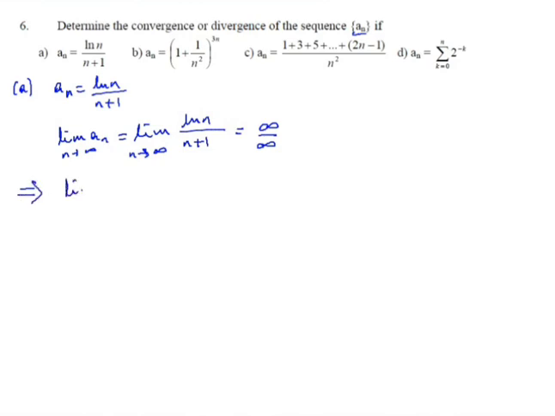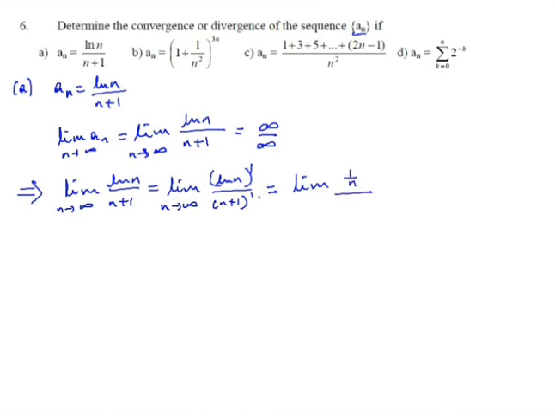So the limit of ln n over n plus 1 as n approaches infinity is the same as the limit of the derivative of ln n over the derivative of n plus 1 as n approaches infinity, using L'Hopital's rule. So this is the same as the limit of 1 over n over 1, since the derivative of ln n is 1 over n and the derivative of n plus 1 is 1, as n approaches infinity. So this is the same as the limit of 1 over n as n approaches infinity.